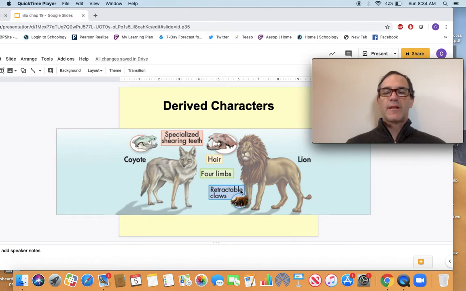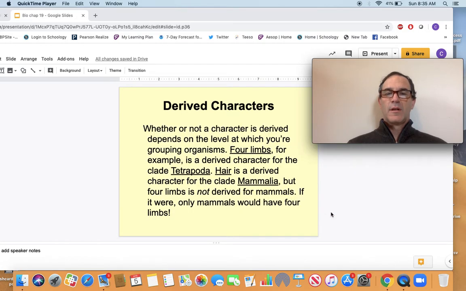For example, the lion has retractable claws, which allows them to keep very sharp claws that are not being worn down on the cement or rocks or sand or whatever they're walking on, whereas the coyote and other dogs do not have that. So it puts them in different groups. Just like Linnaeus had groups within groups, in other words, large groups like the kingdom and smaller groups like the families, genus and species, we continue that with evolutionary cladograms. Groups within groups. All right.